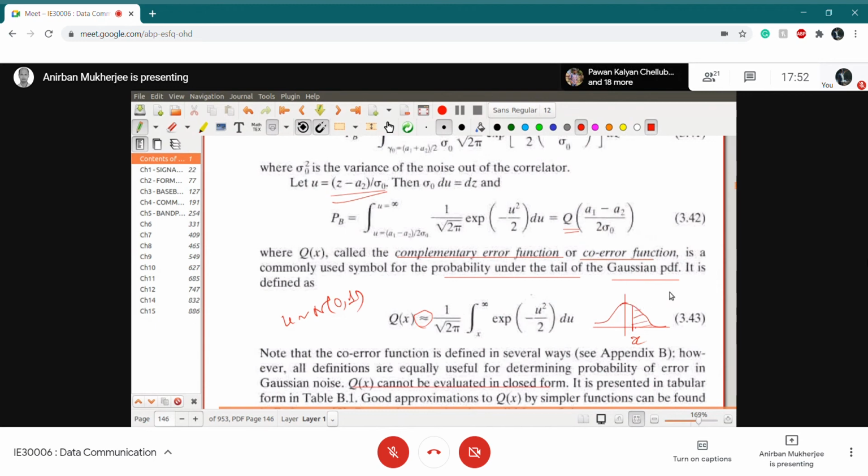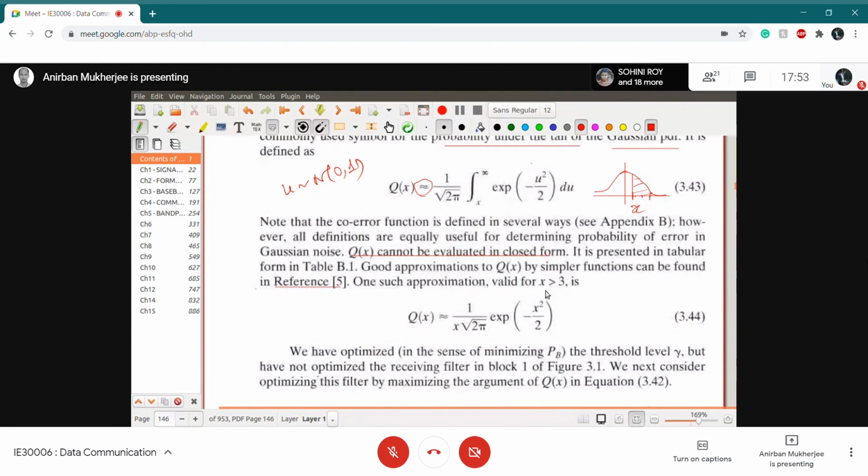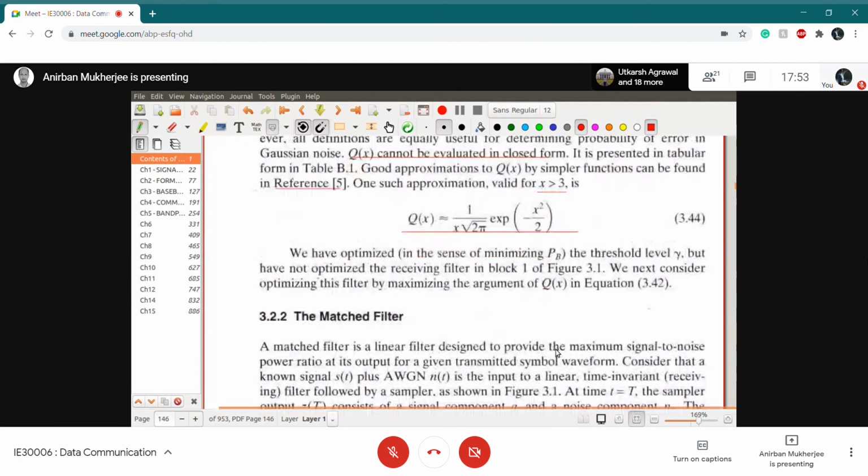When x is greater than 3, that means beyond 3 sigma, almost 99.78 percent and so on. But there are certain other approximations. Please read those approximations; I'm not going into details.